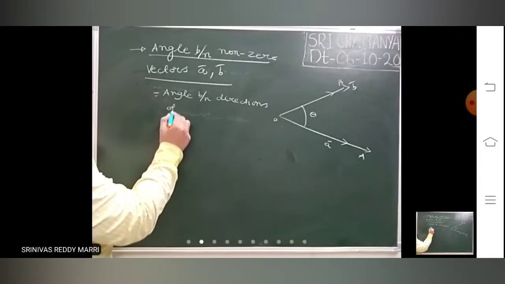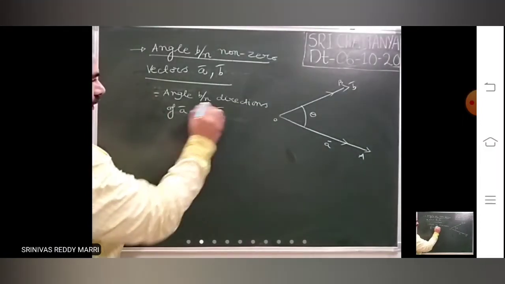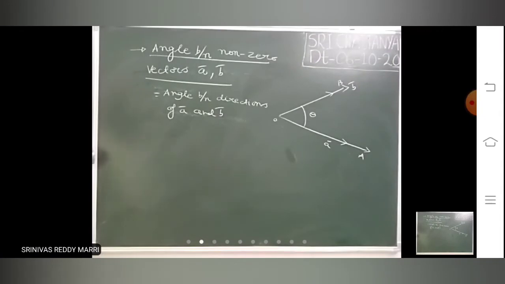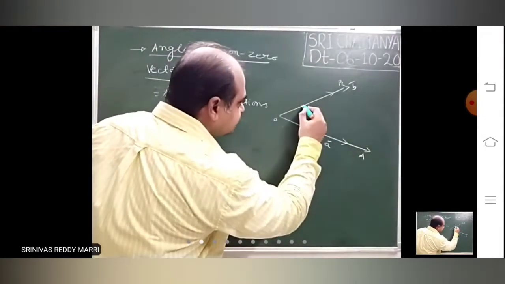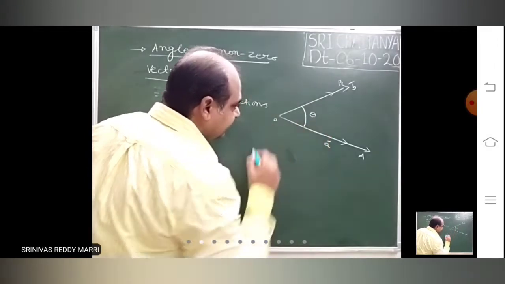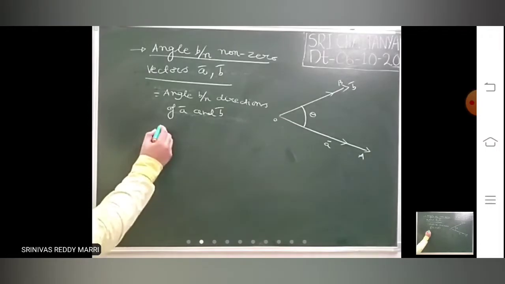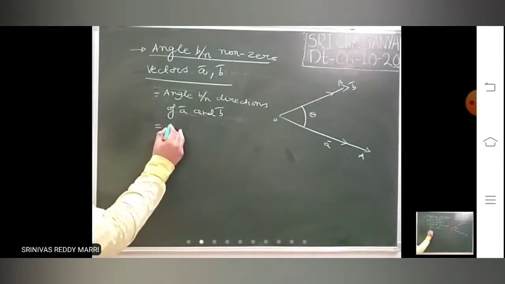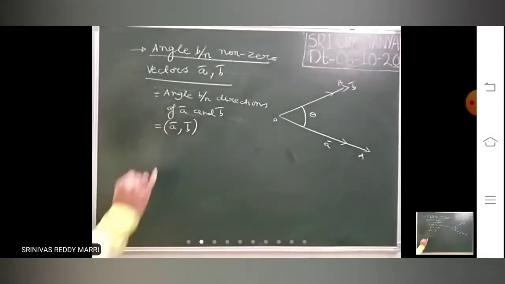Angle between directions of a bar and b bar. That means this direction and this direction are separated by an angle. That is nothing but the angle between two vectors. It is denoted by a bar comma b bar.